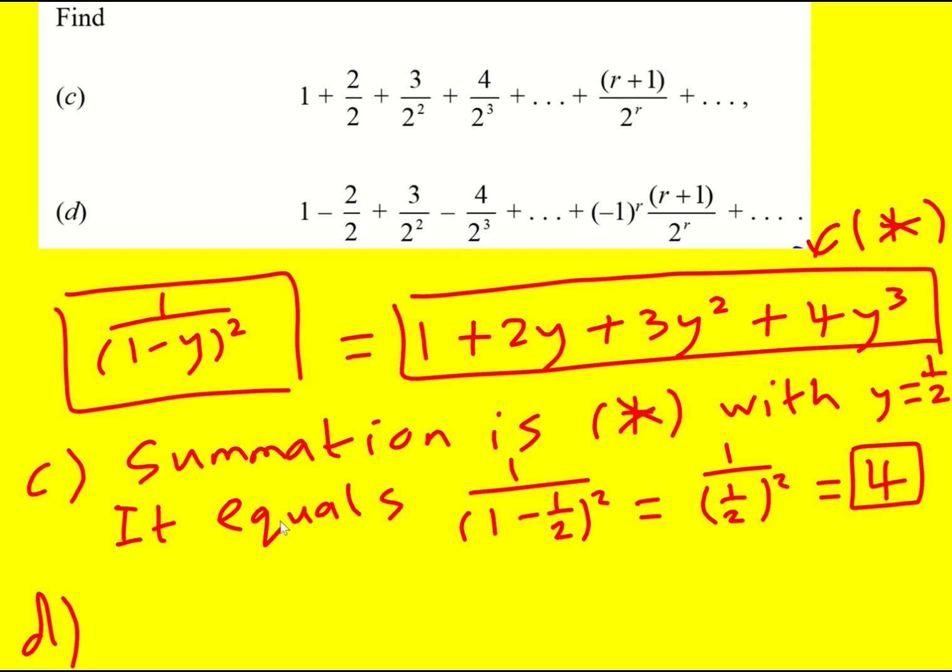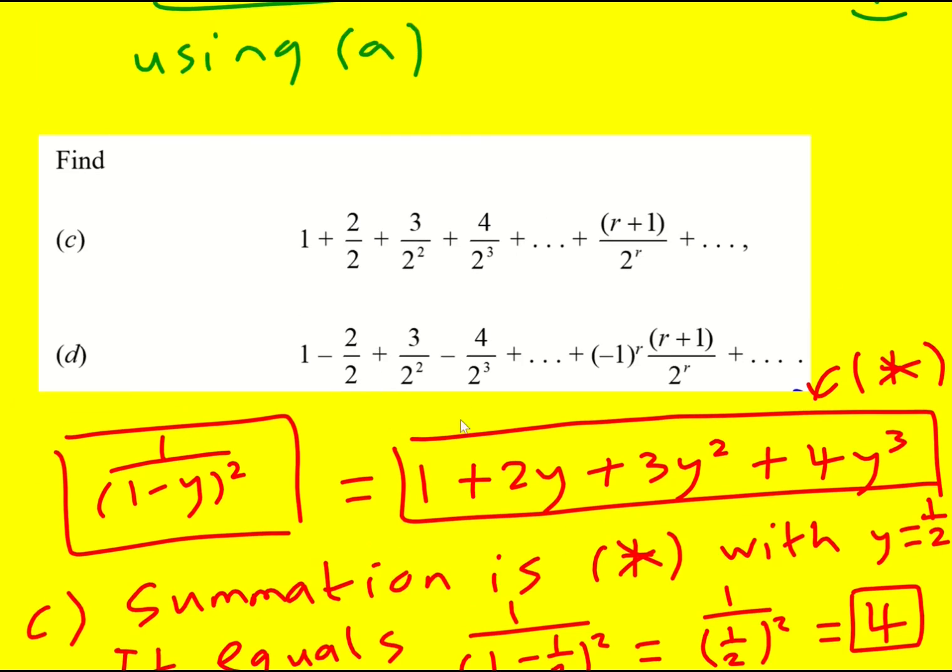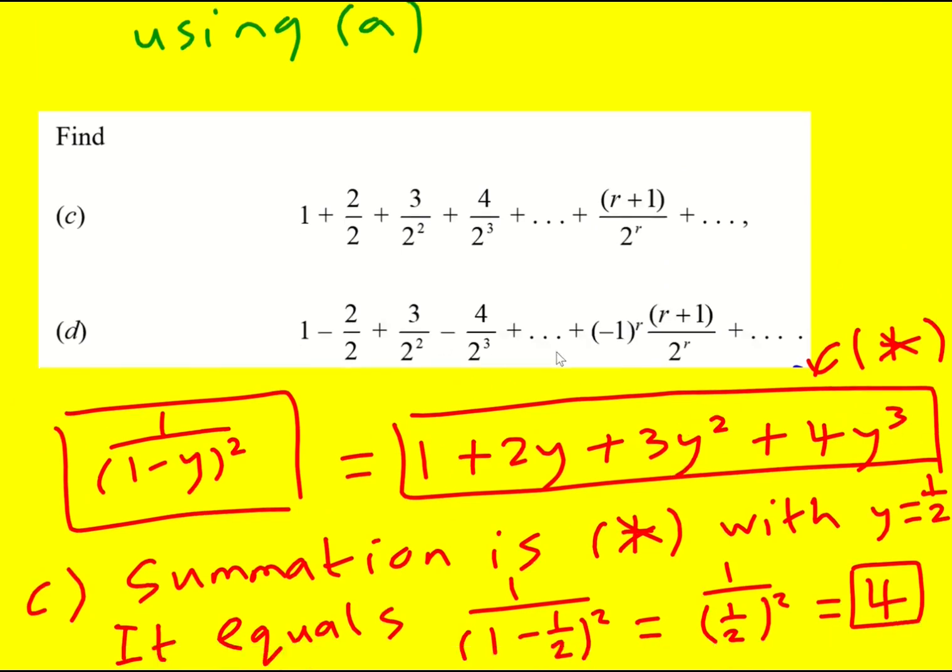D looks a little bit more complicated, but actually it's just alternating between positive and negative, and you can see that it's going to be y is equal to minus a half. That will work here, and then here, when you square minus a half, you'll get a positive. Here you get a negative.